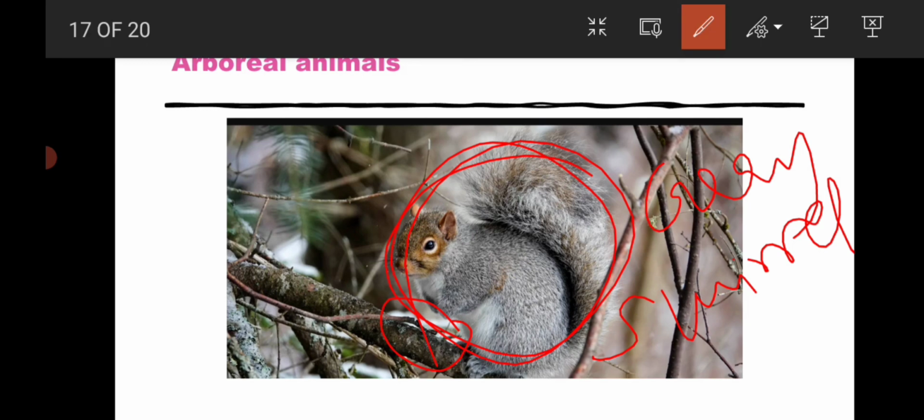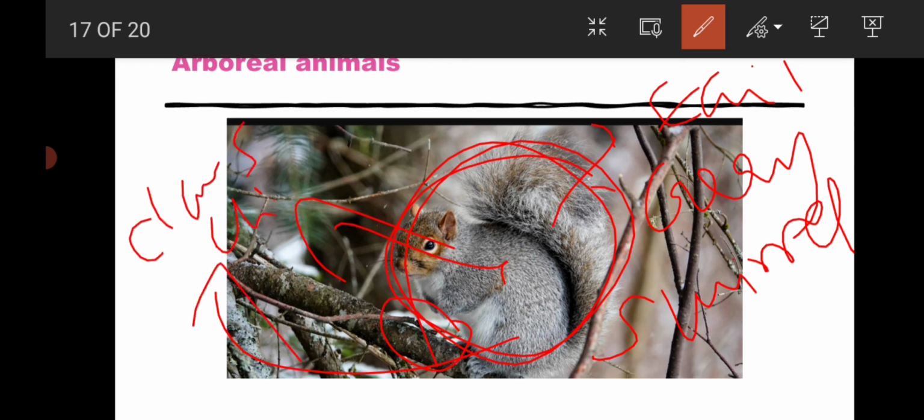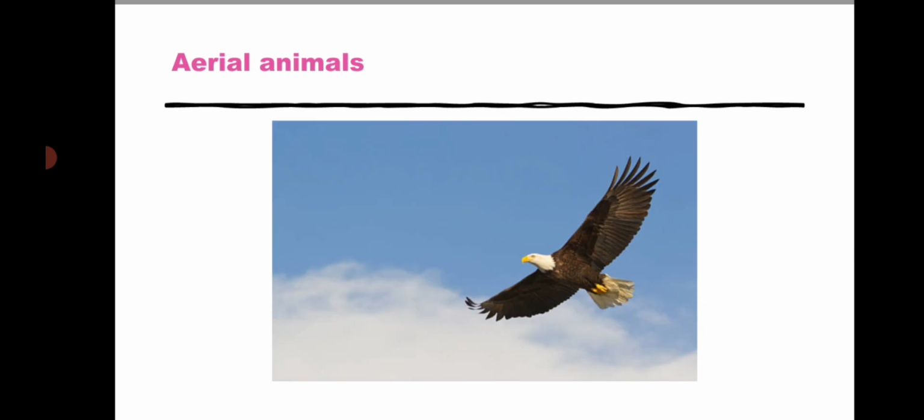So the sharp claws and the slender body of the squirrel make it live in the trees. With the help of the slender body, the squirrel can twist around the thin branches of the trees. Similarly, their tail is also very strong. They use their claws to climb in the trees. So you can see this grey squirrel most of the time in trees. So they are considered arboreal animals.